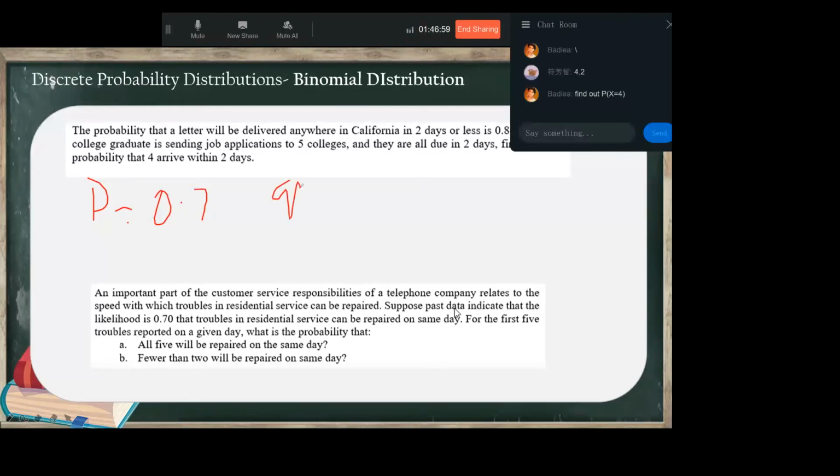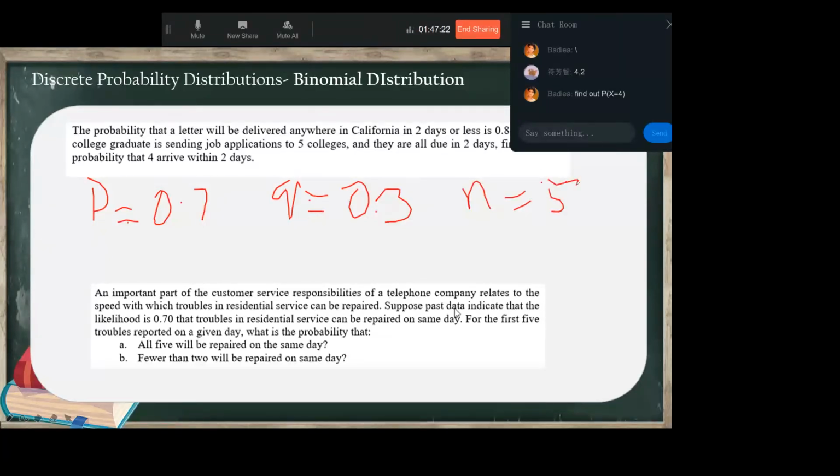So what is the Q? Q is 0.3. Right? So we have P and Q. Now we need to know what is N. For the first 5 troubles reported on a given day, what is the probability that? So N is 5.